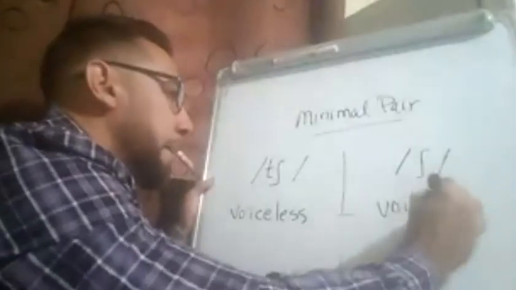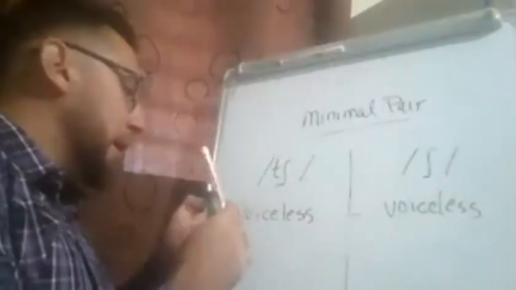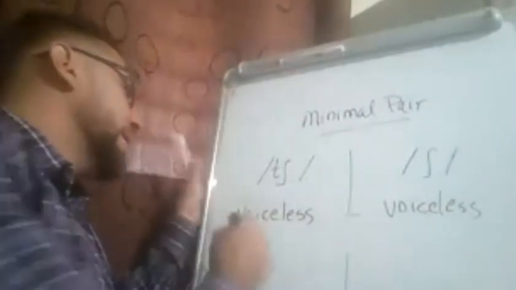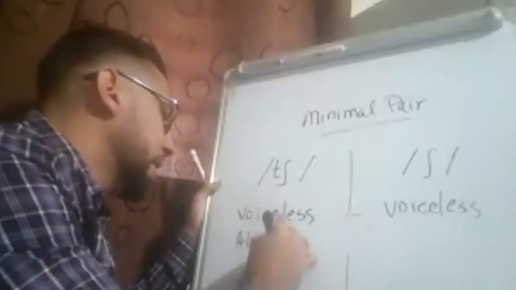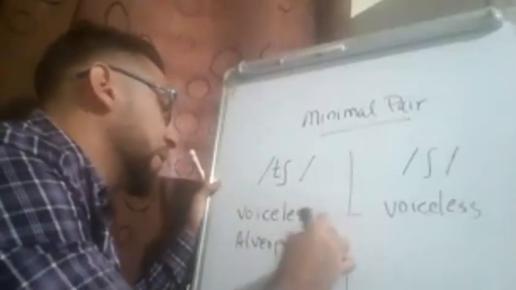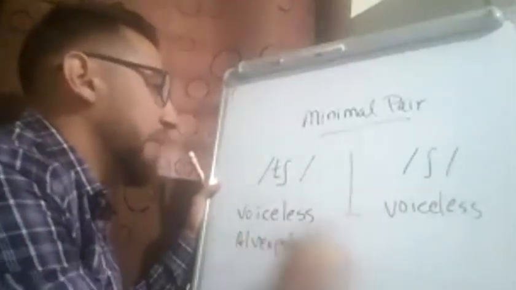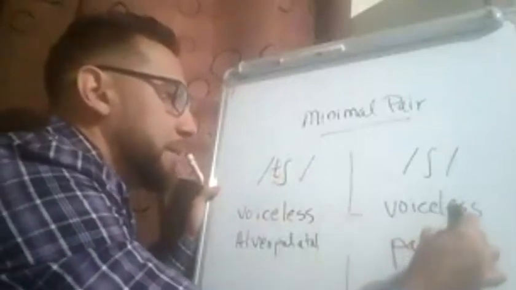Both are voiceless, so they have that in common, right? However, the place of articulation is different. One is alveopalatal. Obviously, they have the palatal in common, but this is alveopalatal. There is one more sound there, and this is a palatal sound.